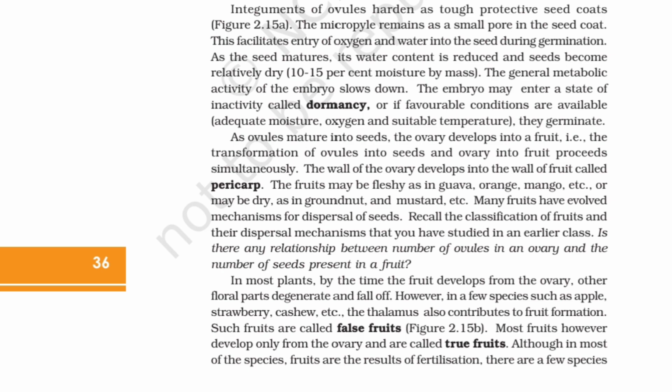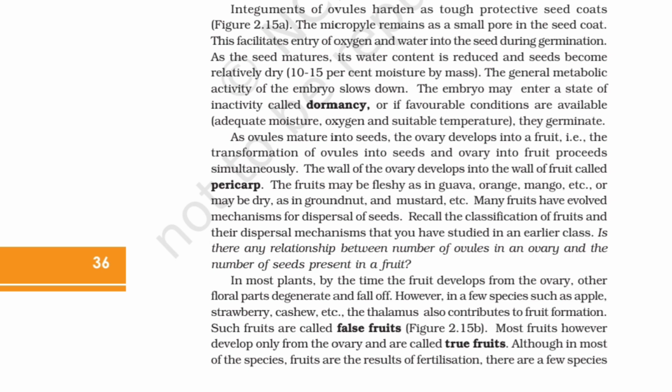The fruits may be fleshy as in guava, orange, mango, etc., or may be dry as in groundnut and mustard, etc. Many fruits have evolved mechanisms for dispersal of seeds. Recall the classification of fruits and their dispersal mechanism that you have studied in an earlier class. Is there any relationship between number of ovules in an ovary and number of seeds present in a fruit?